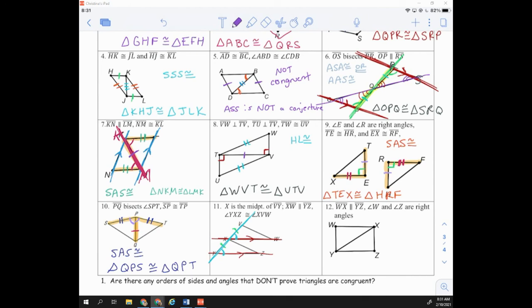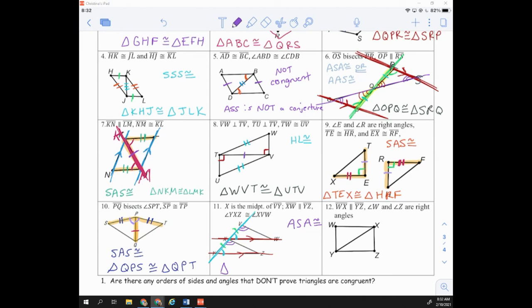And then we're told that angle YXZ is congruent to angle XVW. So we have angle, side, angle. Angle, side, angle is completely allowed.